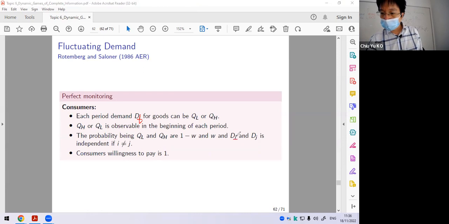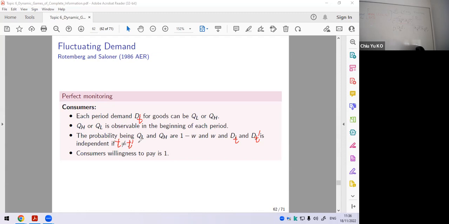Each period, the total demand is either L or Q, so basically boom and bust. At the beginning of the game, you know whether it's a good economy or a bad economy, and good and bad economy have some probability, and each period is independent.